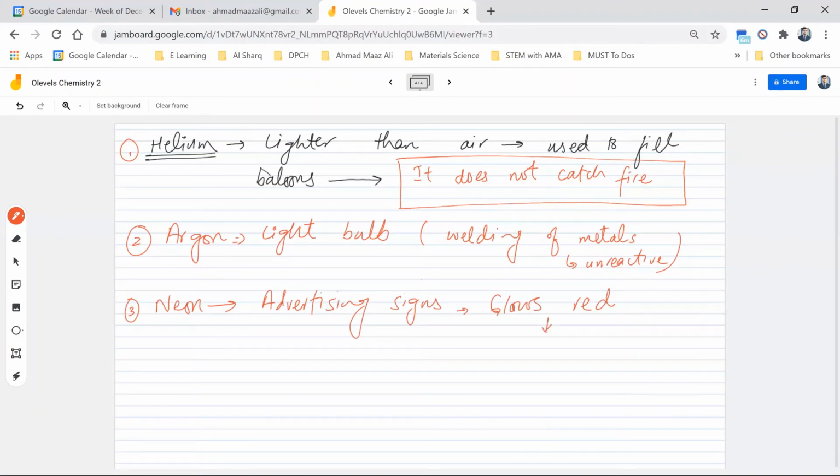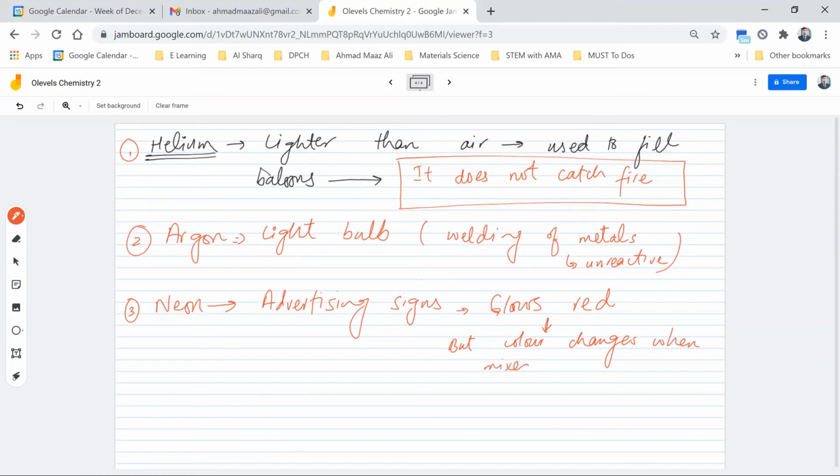We see neon lights of different colors when it is mixed with other gases. Originally, it only glows red, but color changes when mixed with other gases.